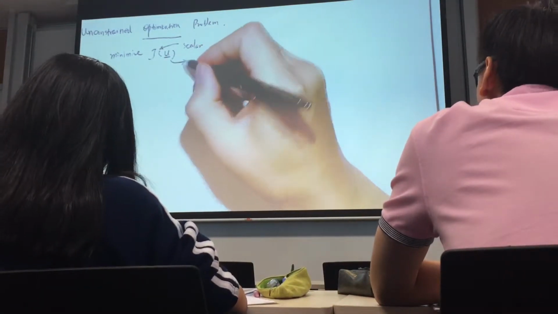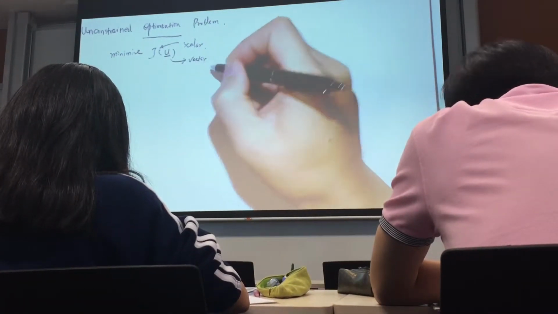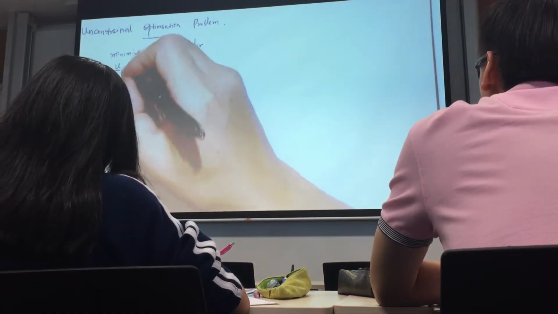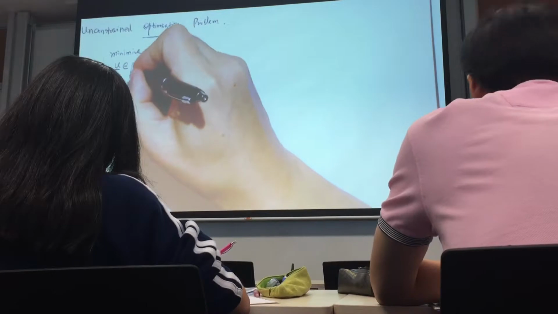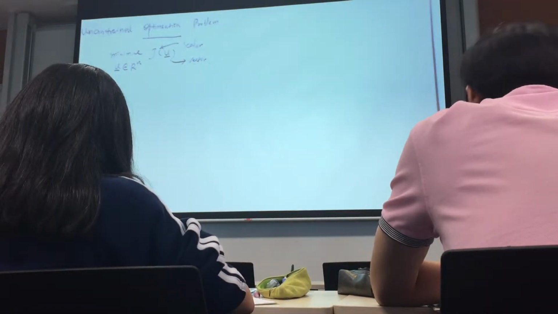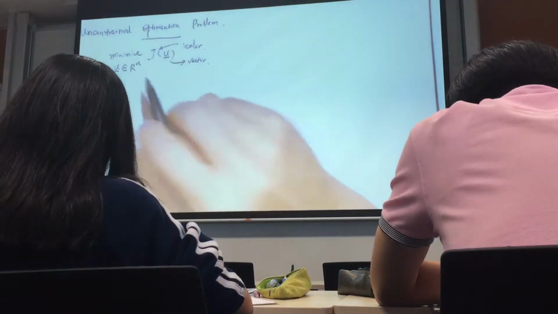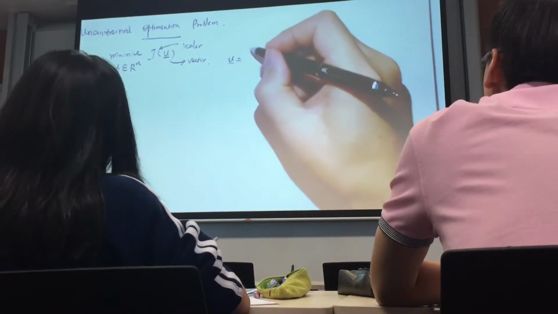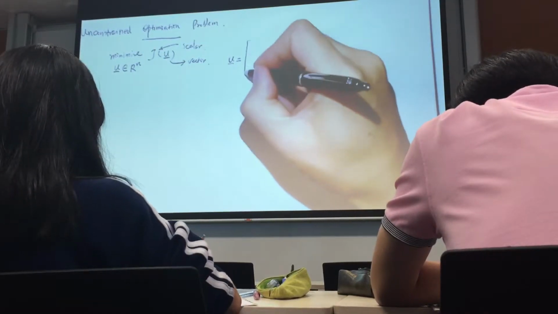And this u is a vector. So we generally define this u in a real n-dimensional space. That means we define this u to be a column vector.